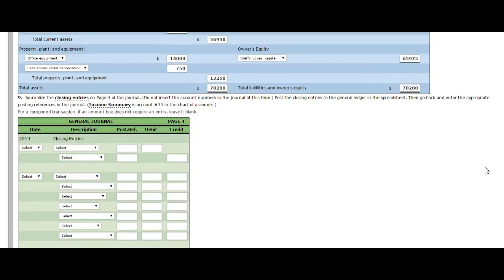Then we looked at the closings. All you had to do was plug and chug here. So this is going to be July 31st. The first one was fees earned, debited for 44,350.